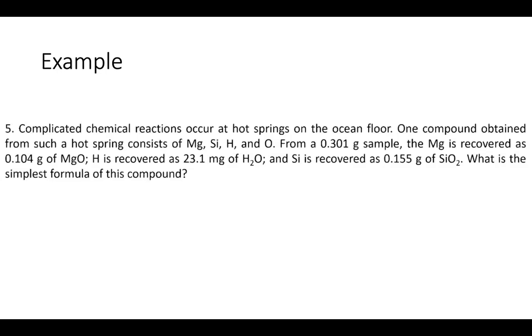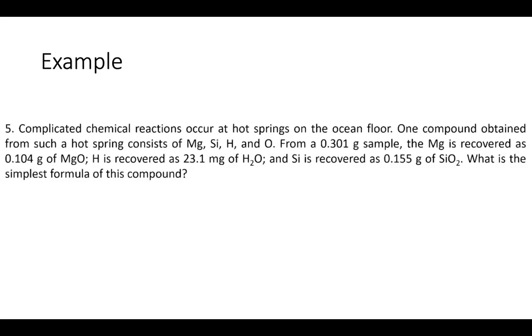Okay, now although this isn't what you think of as your classic combustion problem, think about how it's worded. You're told that you have 0.3 grams of an unknown sample, so we're given the mass of our unknown sample, and it says Mg is recovered as 0.104 grams magnesium oxide.